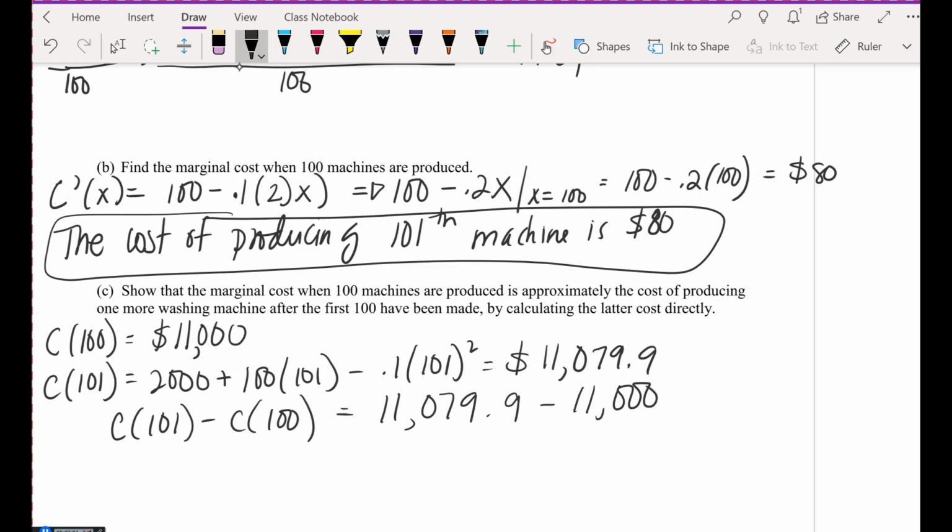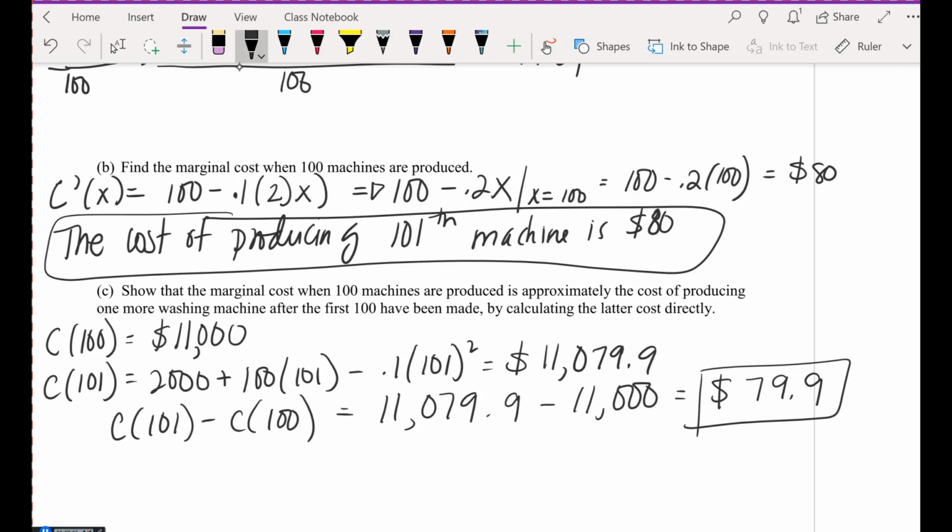Would you agree that's okay to do? So what's the difference then? 79.9. So algebra is more accurate, but calculus is a little bit off. But which one's quicker? Yeah, that's why calculus. Calculus is not exact, but it's much quicker, especially when the equation is so difficult to do.